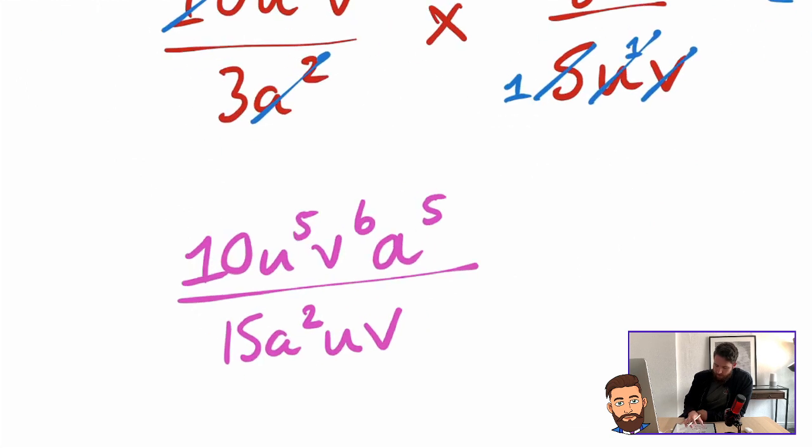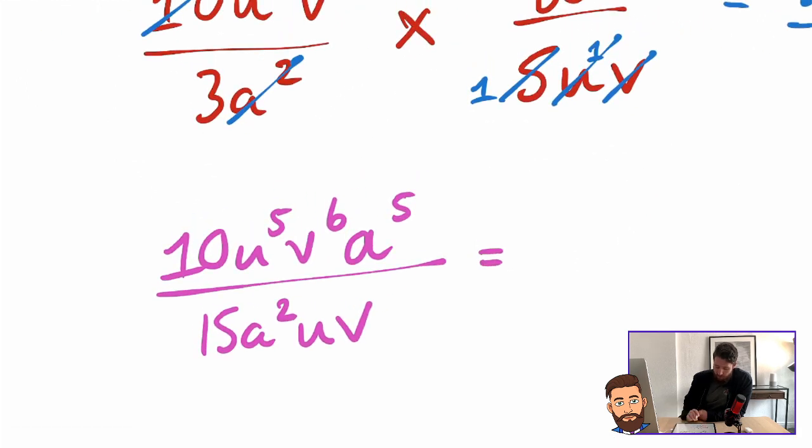And now this is just a simplifying, like the starter indice question. We've got 10 and 15 would cancel to 2 over 3. We've got u to the 5 and u to the 1, so you take them away, so you'd get u to the 4.